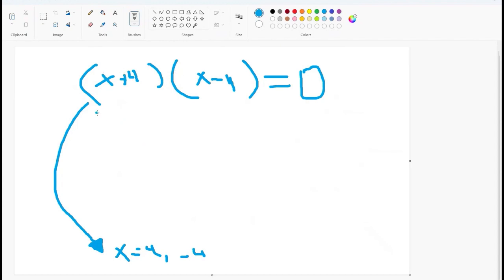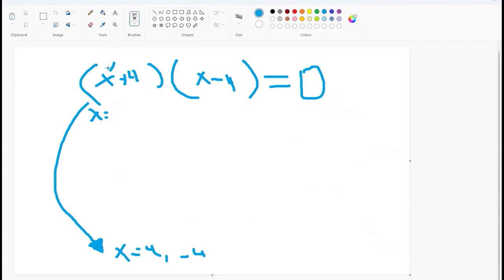So basically, to find what x is equal to, you have to find the value of x that will make this equation true, right? That's what you're generally doing when you're solving for a variable. So now we're just solving for x. So x plus 4, right?